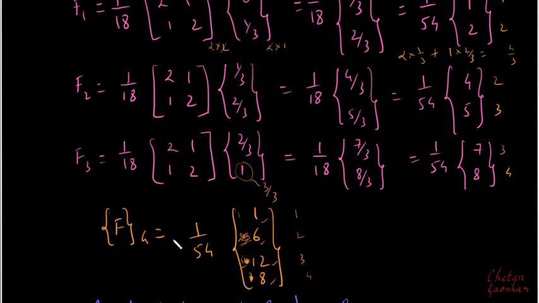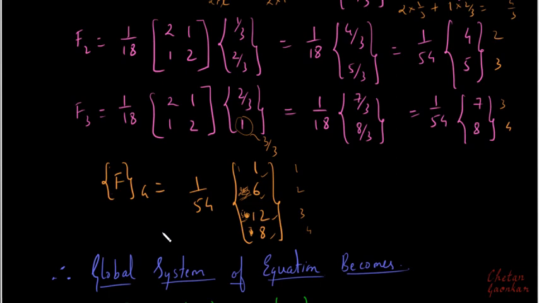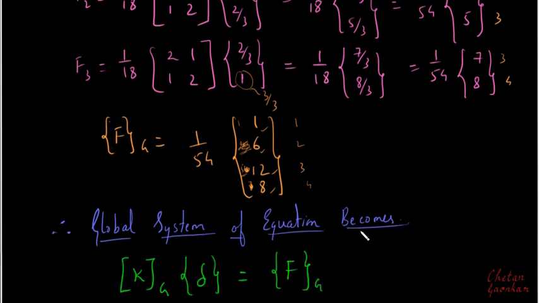So I have been able to obtain the global stiffness matrix and global force matrix. So if I club them together, if I bring them back, this was our equation, F is equal to K times delta.